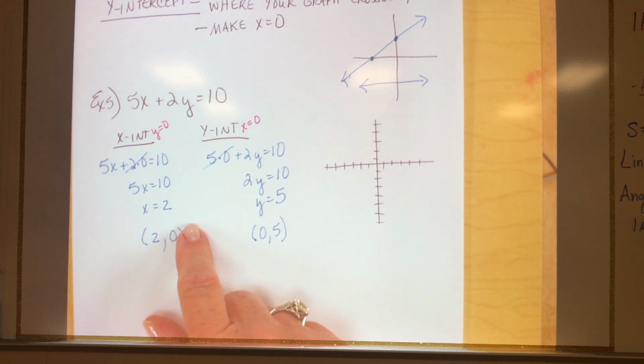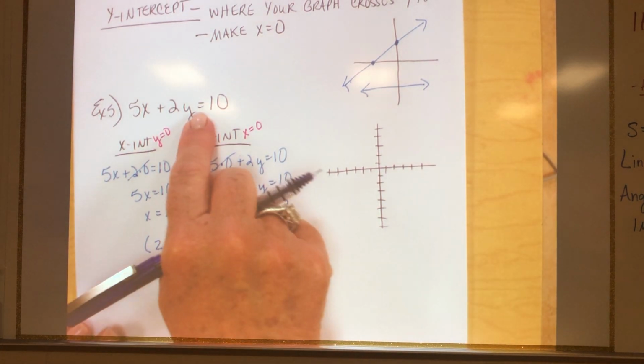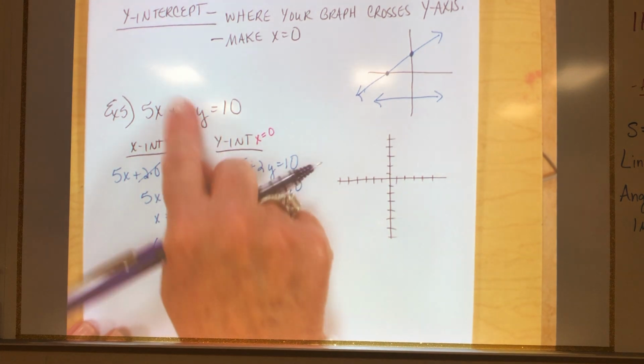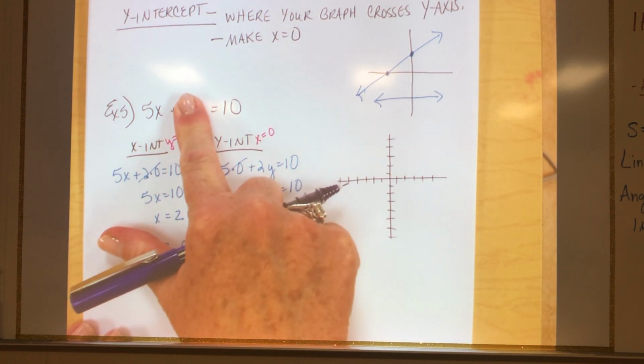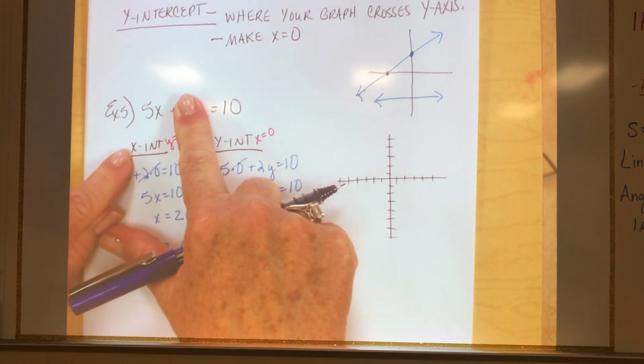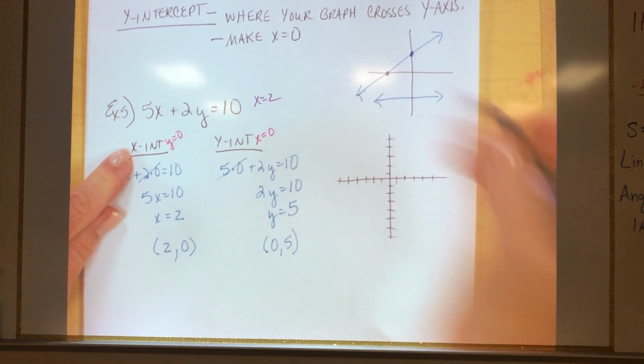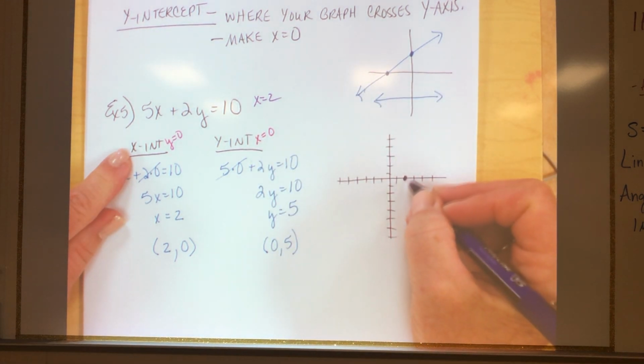Let's say I want to find an x-intercept. How do you find an x-intercept? Set y equal to 0. So when you go 2 times 0, that's going to go away, and look what you have: 5x equals 10. What's my x-intercept? 2. So on the x-axis, this line is crossing at 2.